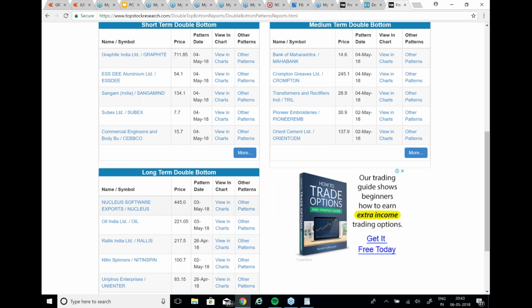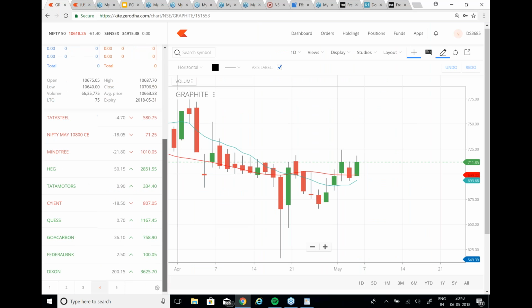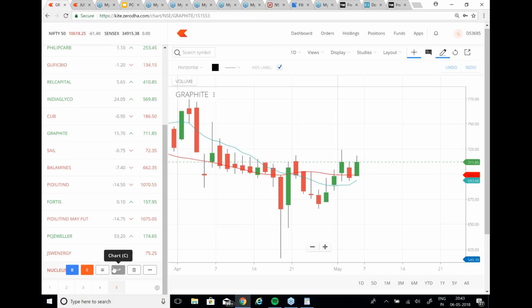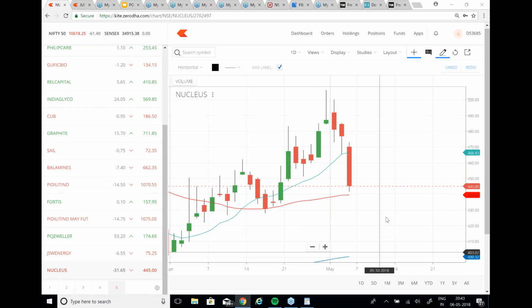So let's look into one or two of them. One is Nucleus Software, the other is Rallis India. So I just put Nucleus, and let's see what's happening in Nucleus. So this is Nucleus, right? Now it's made a bottom here. It made a bottom here. Now again a bottom here.